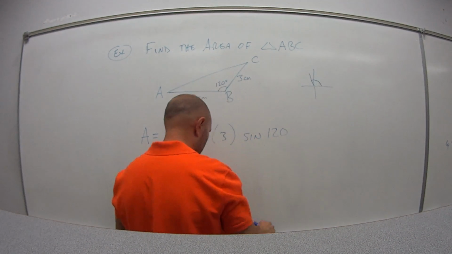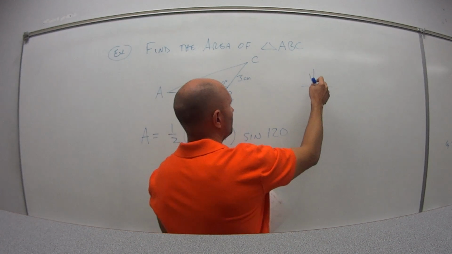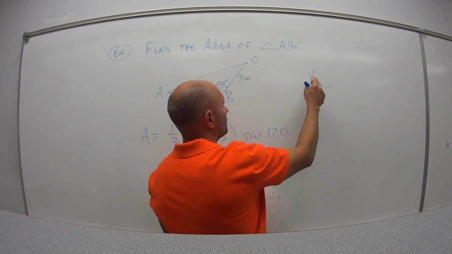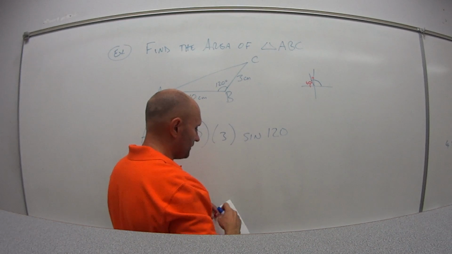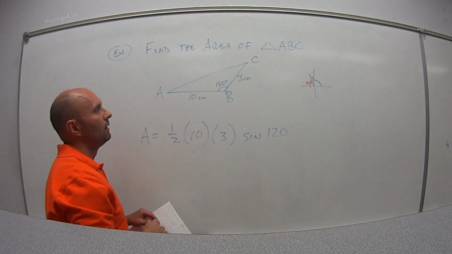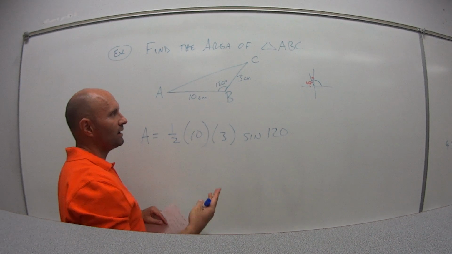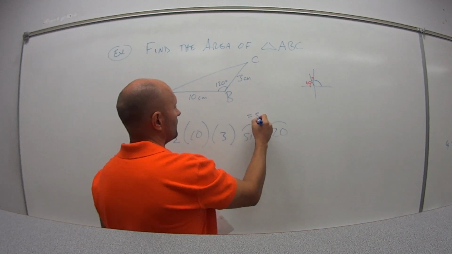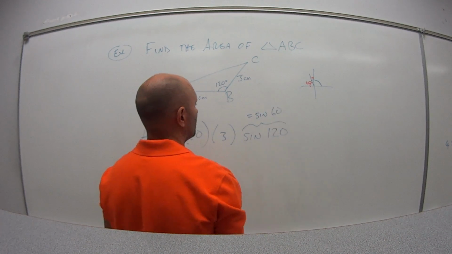So that means our reference angle, so this would be 30 degrees in here, 90 plus 30. So the reference angle is 60 degrees. And because this is in quadrant 2, then sine in quadrant 2 is positive. So this is the same as sine of 60 degrees.